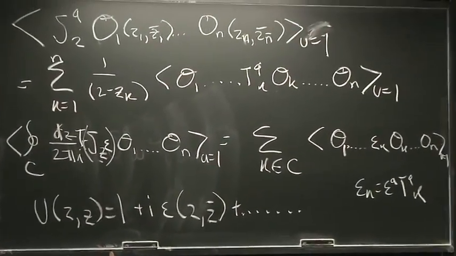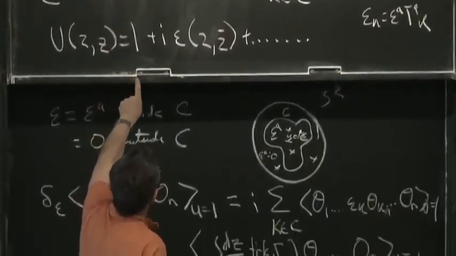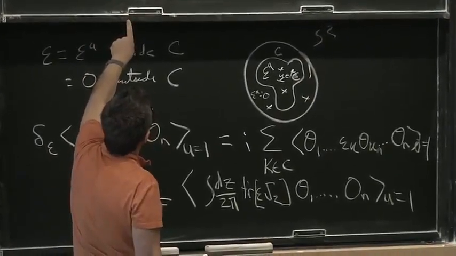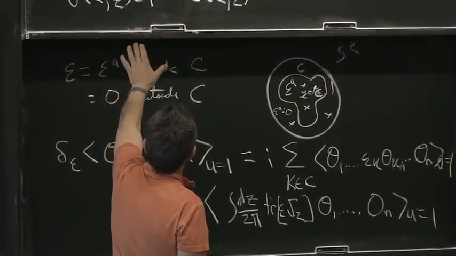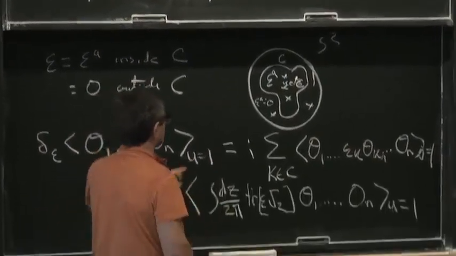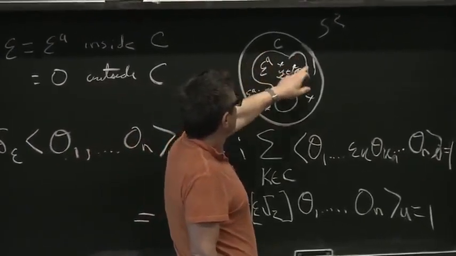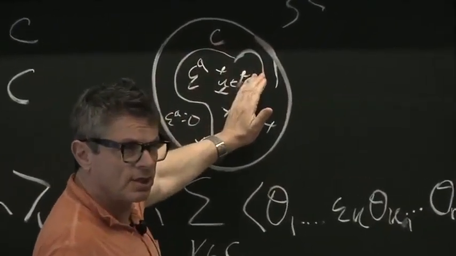I could have taken ε to be any function of z. But if I have any function of z on a contour C, I can always extend that holomorphically into the interior.